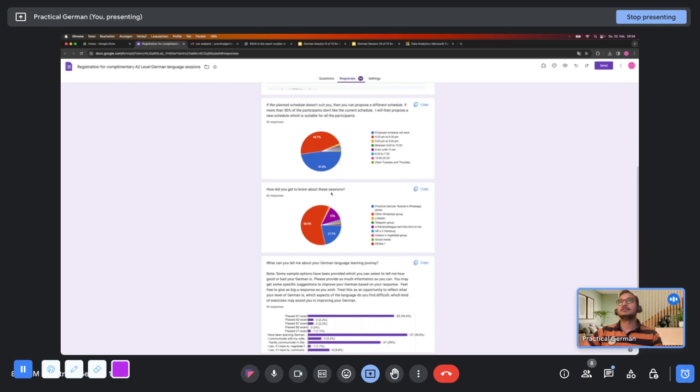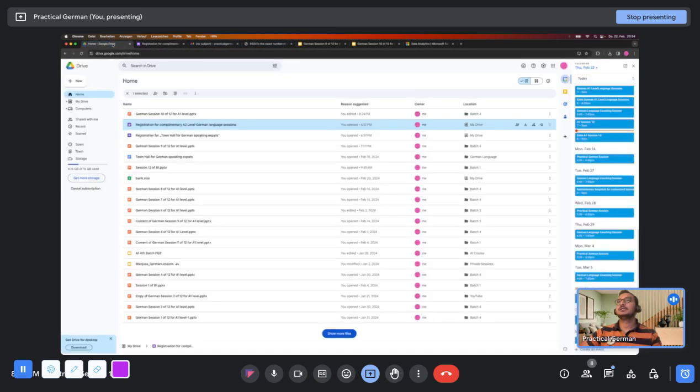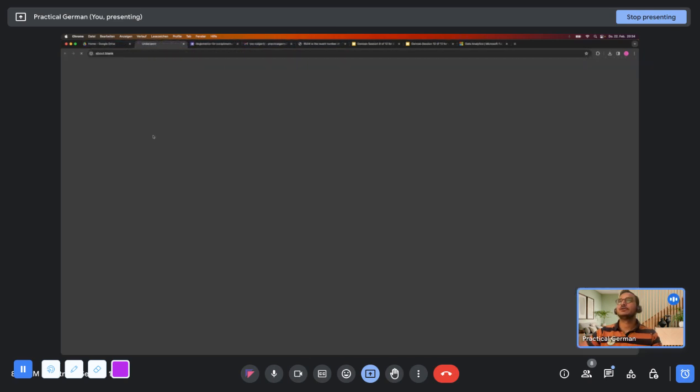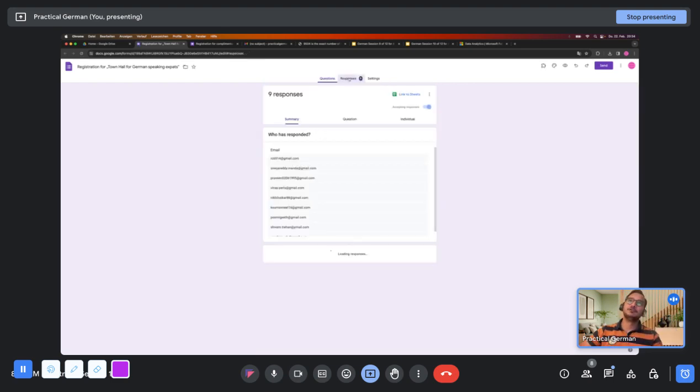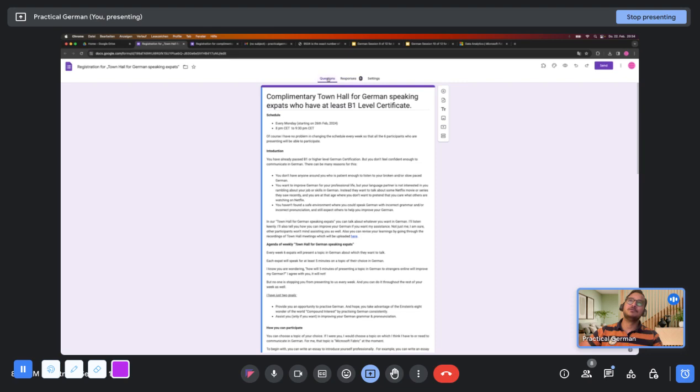If not, then just one last request. You may have seen the form for this town hall, right? I don't think you are eligible for this, but if you know people who have done B1, B2 or C1, they can join this. Most of the work will be done by the participants.